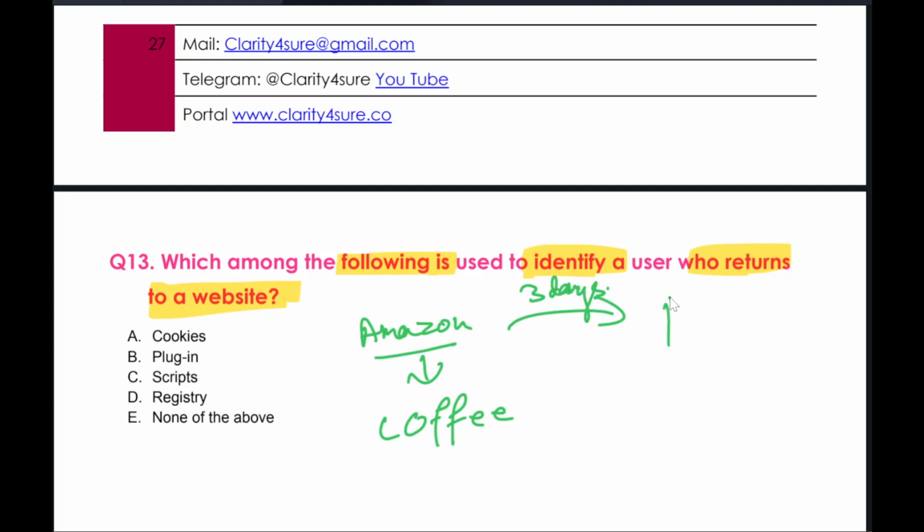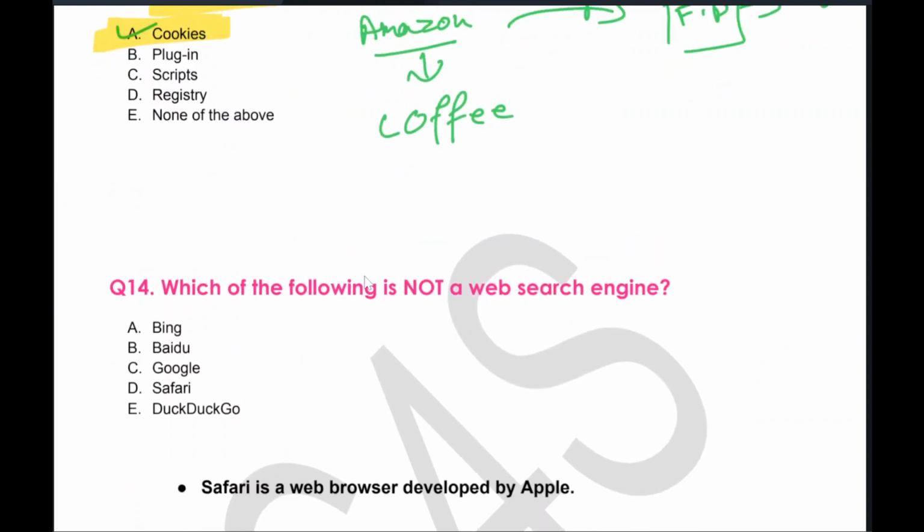Then you will see a list of coffees on the front page itself. This is done with the help of cookies; your data is stored. Which of the following is not a web search engine? All of these are, except Safari, which is a web browser developed by Apple.